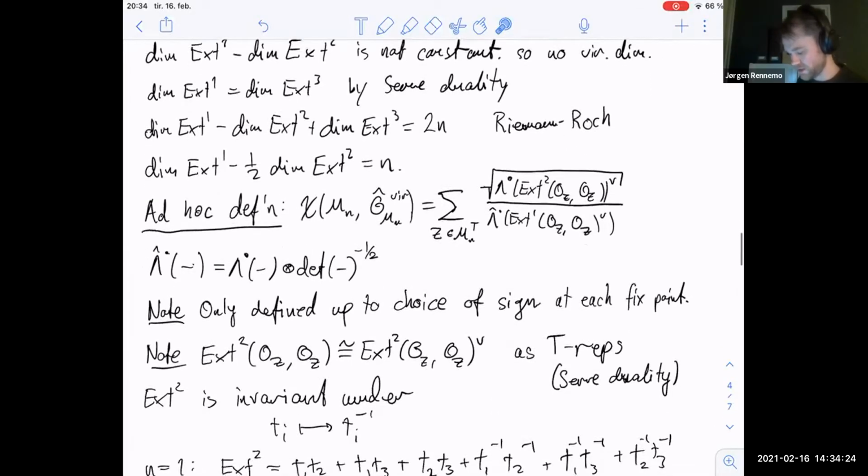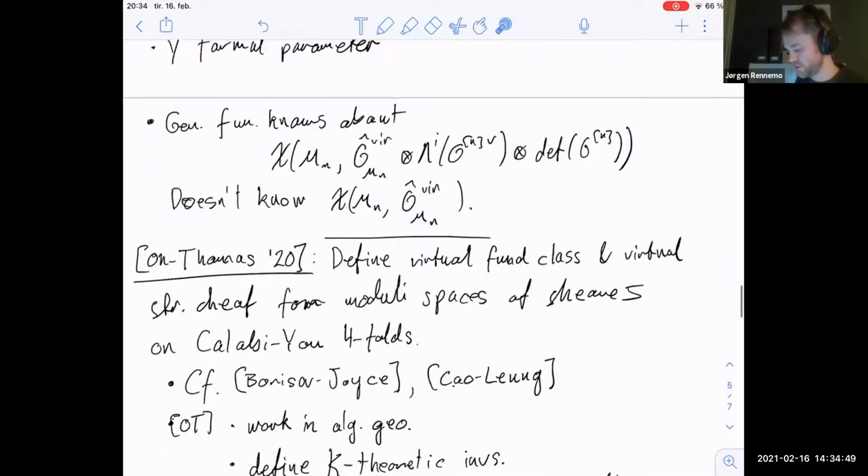Yeah, exactly. So this claim here that x2 is isomorphic to its self-dual as a T representation uses Serre duality, a form of Serre duality. Well, right. As Andre said, it would only be self-dual up to twisting by something different if you took the full torus.